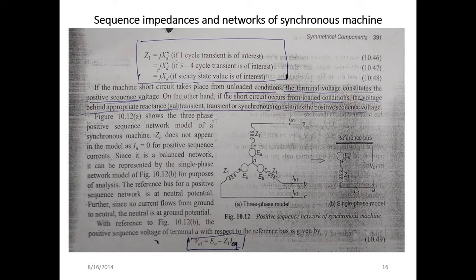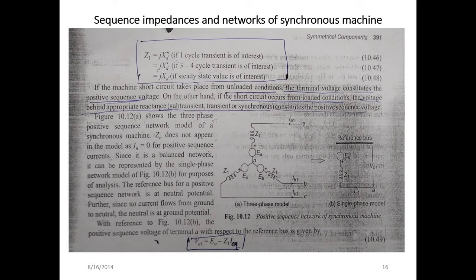Now, if the machine short circuit takes place from unloaded condition, the terminal voltage constitutes the positive sequence voltage. On the other hand, if the short circuit occurs from loaded condition, the voltage behind the appropriate reactance, that is subtransient, transient or synchronous, constitutes the positive sequence voltage. The figure shows the positive sequence network model of the synchronous machine.